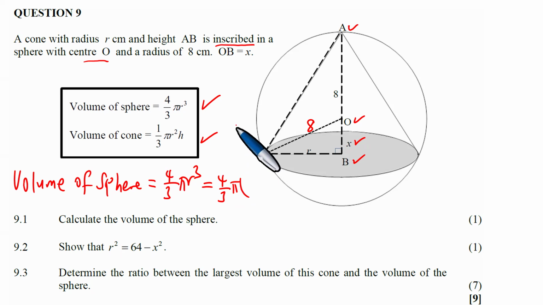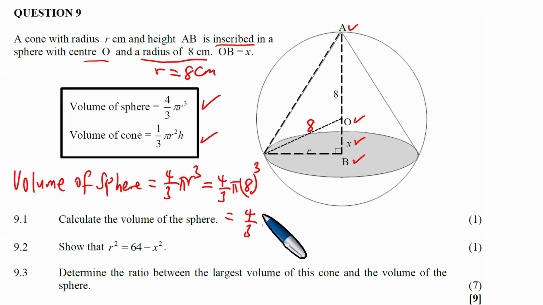What is the radius? The radius is 8. Remember, we're dealing with a sphere with center O and radius 8, so r is 8 centimeters. We substitute the radius and cube everything because the radius is cubed in the volume of a sphere, giving us 4/3 pi.